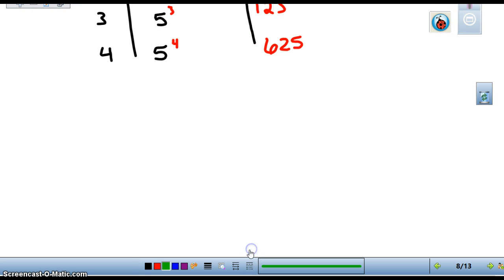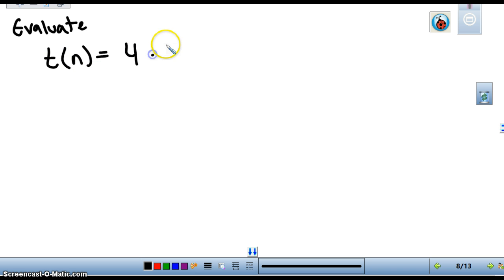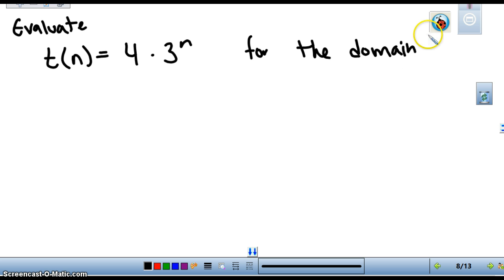Let's try this again. Let's say you're asked to evaluate each exponential function. You have to evaluate t of n equals 4 times 3 to the n for the domain -3, 6.